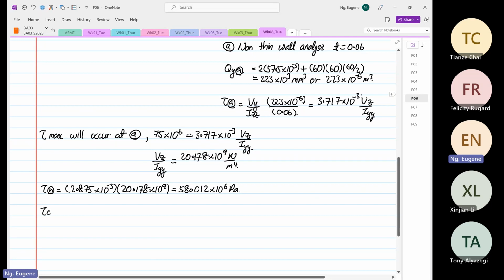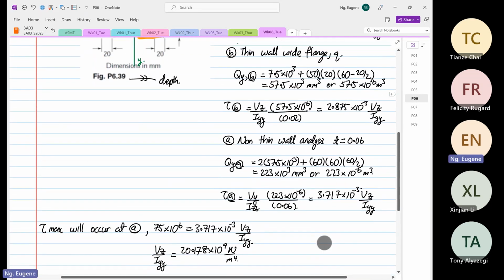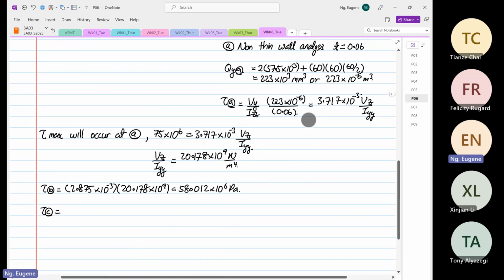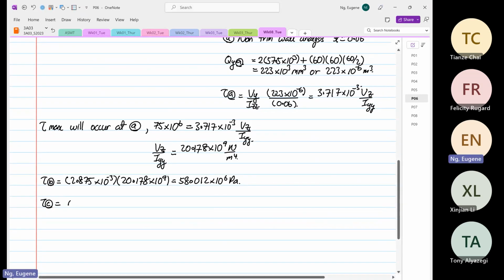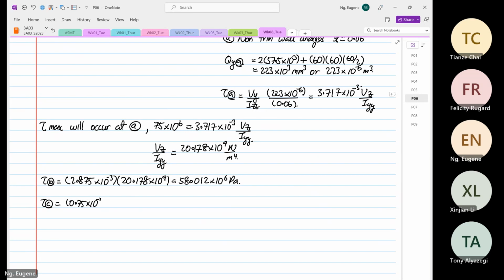And then the shear stress at point C is equal to 0.75 times 10 to the power minus 3, it's 0.75, multiplied by 20.178 times 10 to the power 9, which is equal to 15.134 times 10 to the power 6.